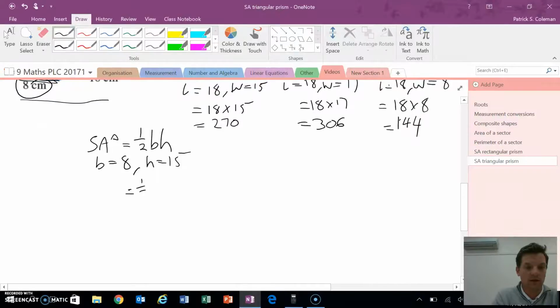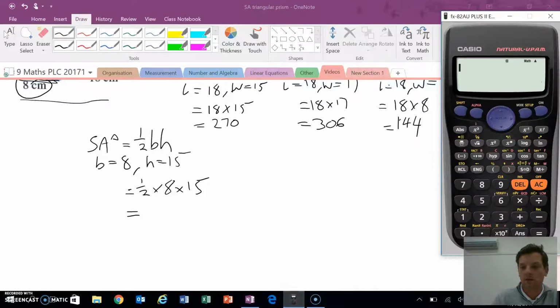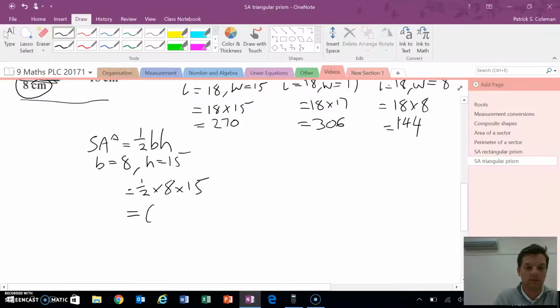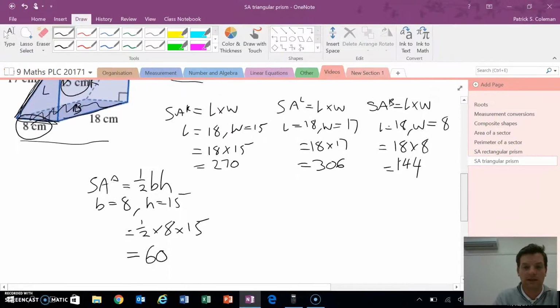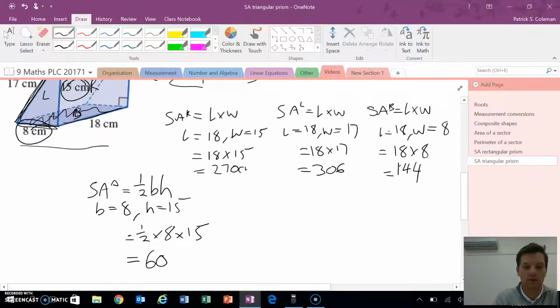So that's going to be 0.5 for half, times 8 times 15, so 60. One of the things I've just picked up here is I've been quite slack in not putting our units in. Our units should be centimetres squared, so just double check that you've actually done that.